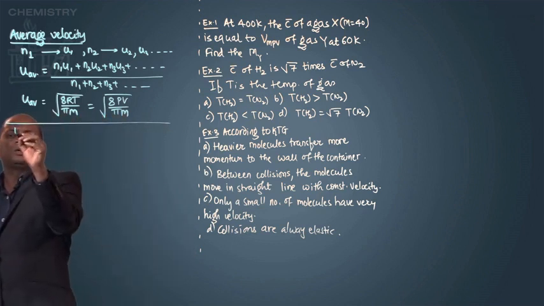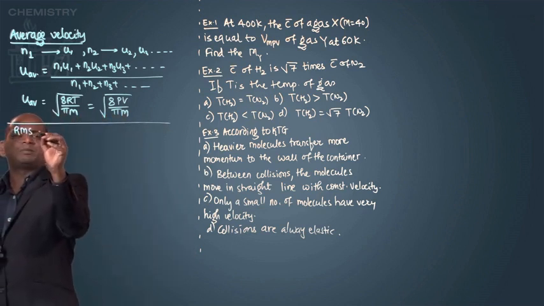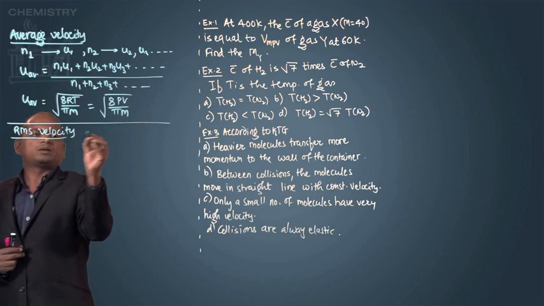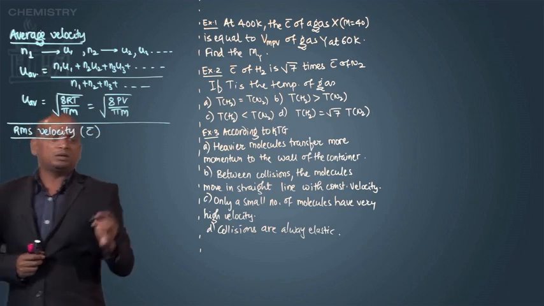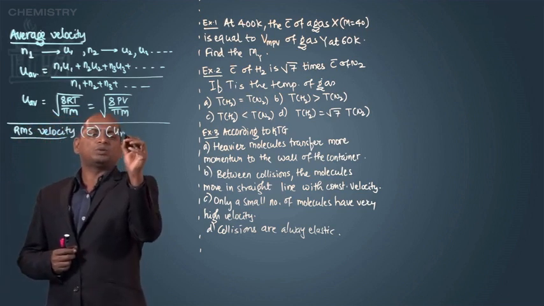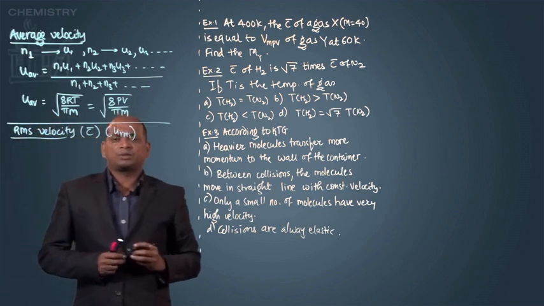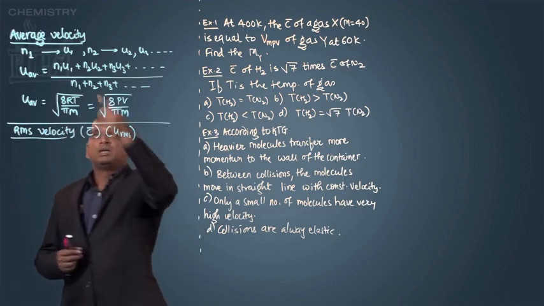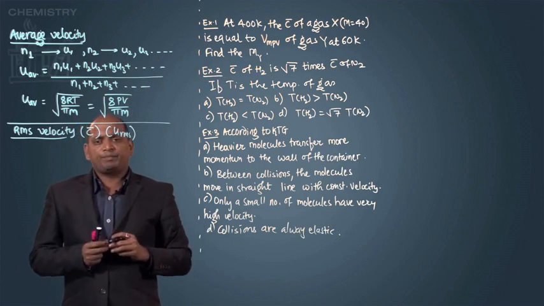Then root mean square velocity, RMS velocity, C bar, or sometimes people also call it u RMS. It's not the same thing. So what do we mean by root mean square velocity? We will be using the same concept.